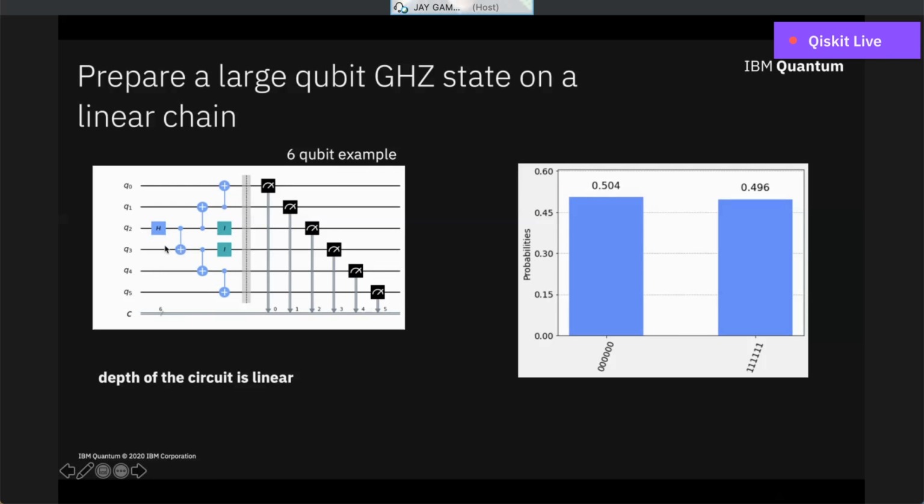Then I entangle qubit 2 and qubit 3. Then I entangle 3 and 4 and 2 and 1. And then I entangle 1 and 0 and 4 and 0. And then I can measure it, and I've made my GHZ state of all the qubits either in the 0 state or all the qubits in the 1 state. And if I was to calculate how fast I could make this, the depth of this circuit would be linear in the number of qubits.